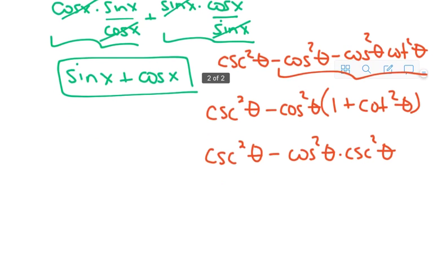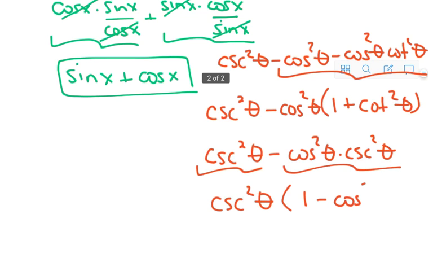Now I'm back to two terms that have a greatest common factor, and that greatest common factor is cosecant squared. When I divide both terms by cosecant, I'm left with 1 minus cosine squared theta. Well, 1 minus cosine squared theta, that was one of those Pythagorean identities, a revision of it that I wrote down for you earlier.